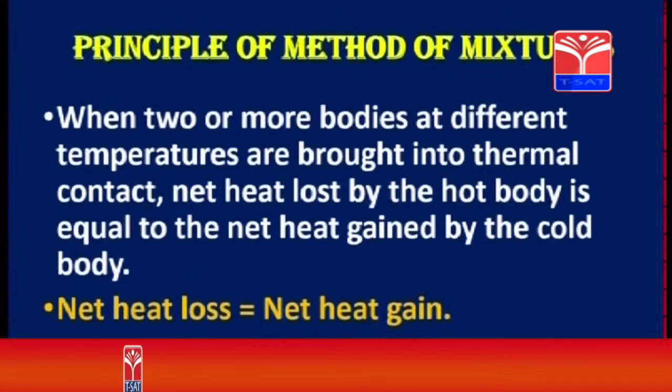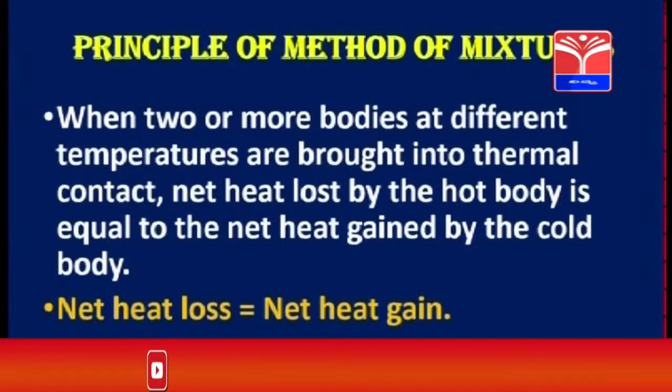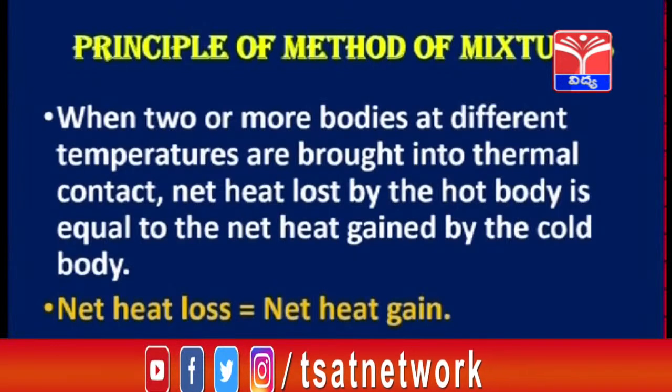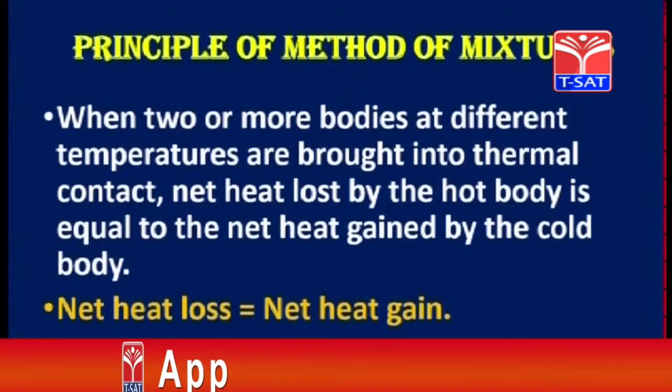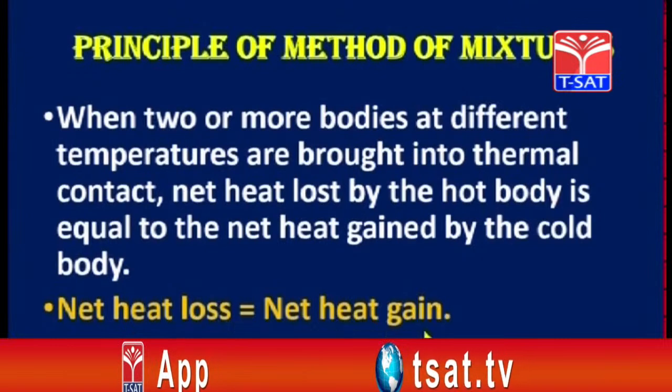So, net heat loss is equal to net heat gain. When a hot body and a cold body are in thermal contact with each other, there is an exchange of heat between them. The hot body loses heat and the cold body gains heat. So, net heat loss is equal to net heat gain. This is the principle of method of mixtures.